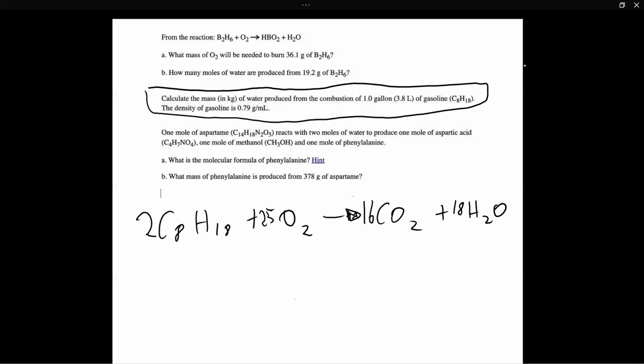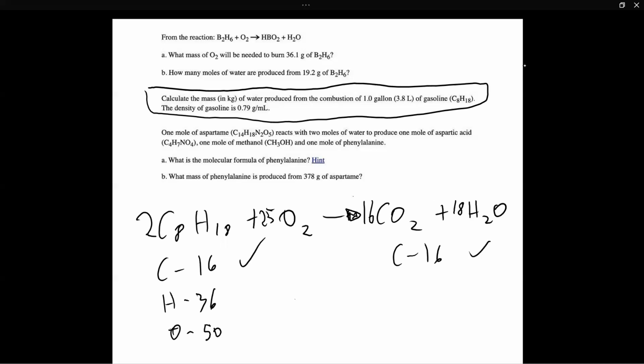Now let's just make sure everything is correct. So let's see how many carbons there are. There are 16 carbons here, and there are 36 hydrogens, and there are 50 oxygens. Now let's look at this side. Over here for carbon, there are 16, which is good, the same on both sides.